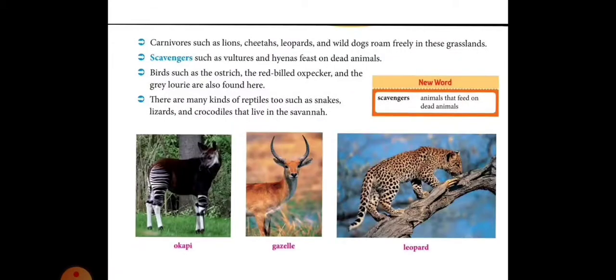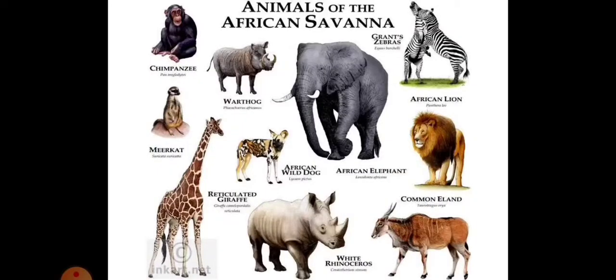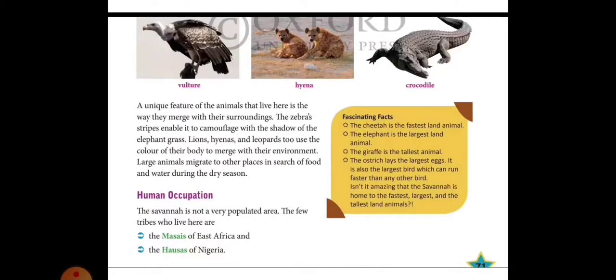Scavengers like the vultures and the hyenas, birds such as ostrich, oxpecker, grey lory, and reptiles such as snakes, lizards, and crocodiles are found in the savanna. These animals have adapted to their habitat and merge well with their surroundings. Large number of animals migrate to other places in search of food and water.